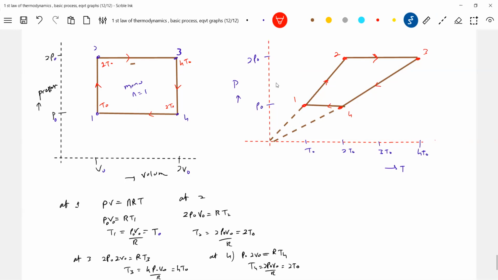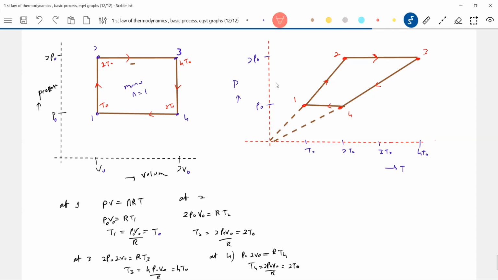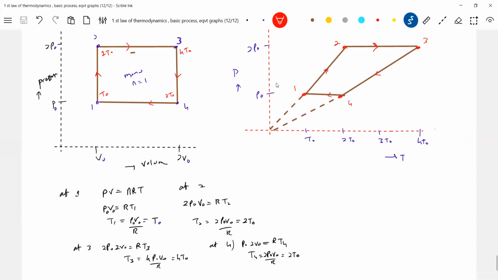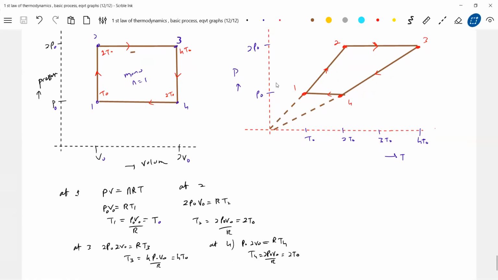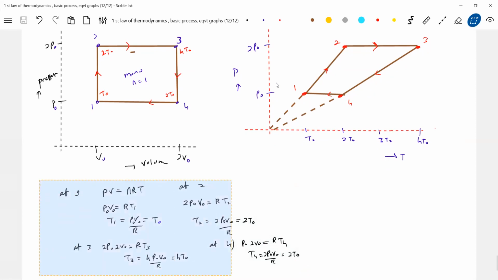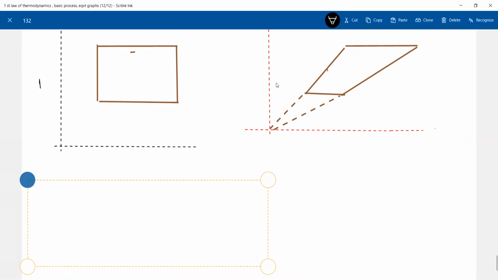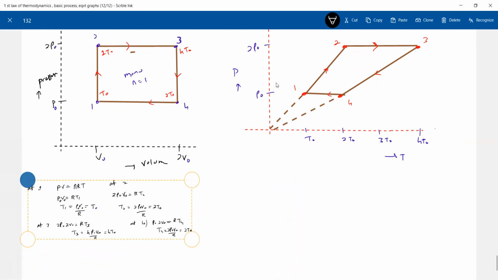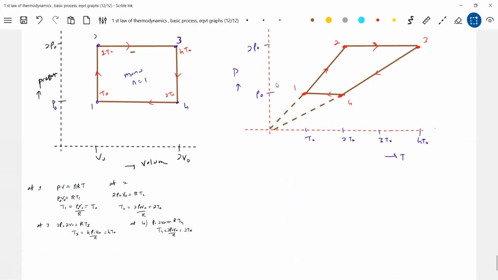You should not remember, methodology is what you have to learn. No, PT graph got over. Now we'll go for the VT graph, volume versus temperature graph. Sir, I'll plot temperature versus volume.